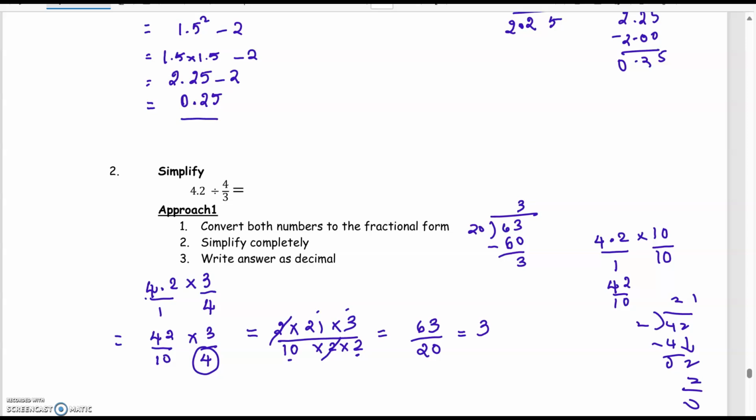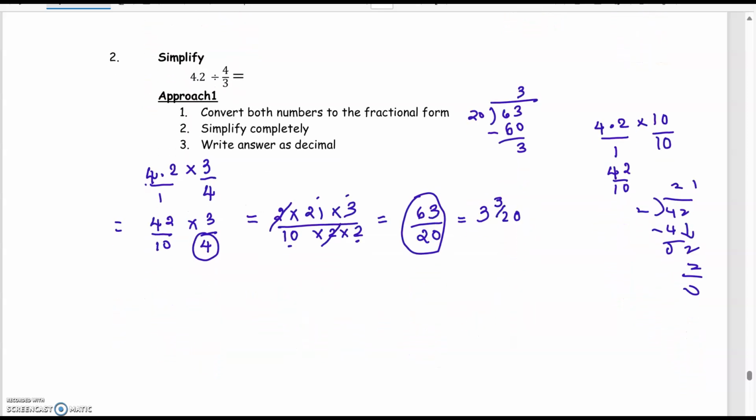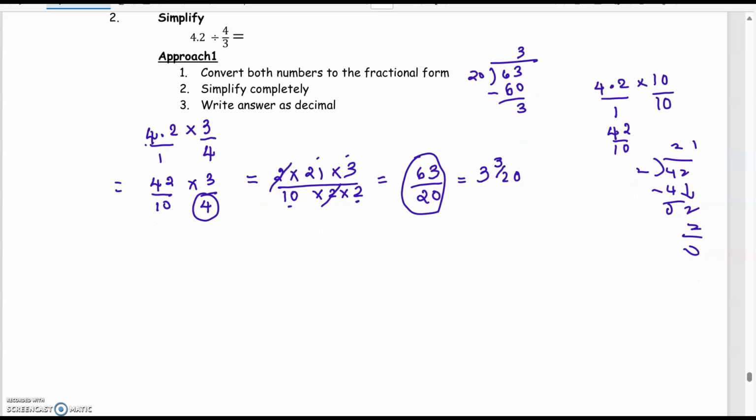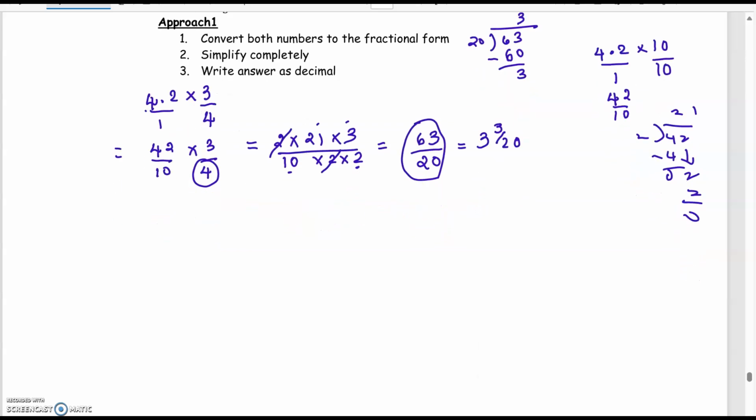So that is 3 and 3 over 20. Now, even if you left it this way, as long as it's in the lowest terms, it's still okay, unless the question specifies that you put it in a particular format.